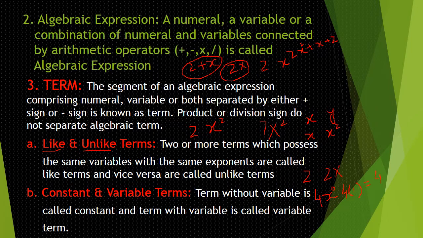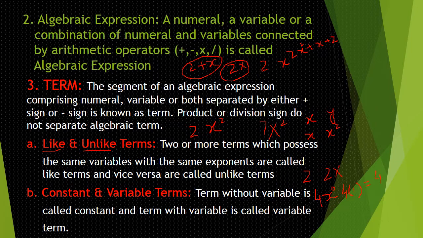If an algebraic expression contains only one term, it forms a monomial. If an algebraic expression contains two terms, it forms a binomial. And if an algebraic expression contains more than two terms, it forms a trinomial, or we can say a polynomial.